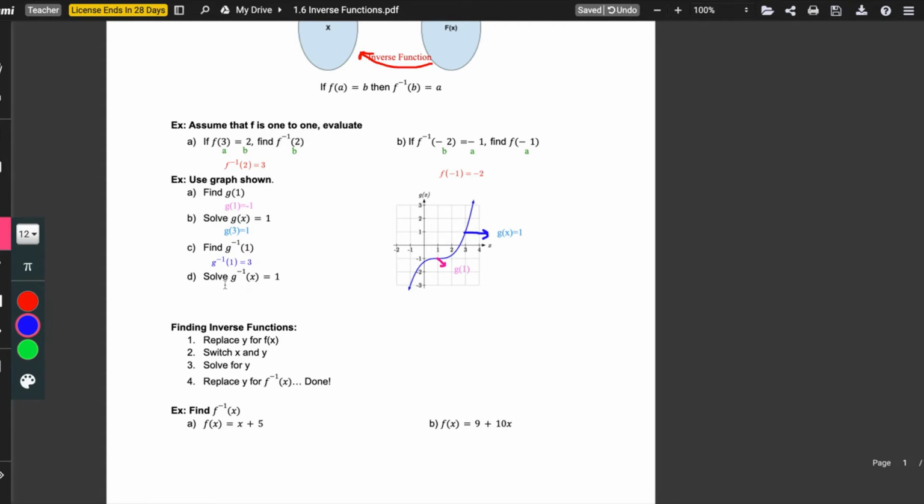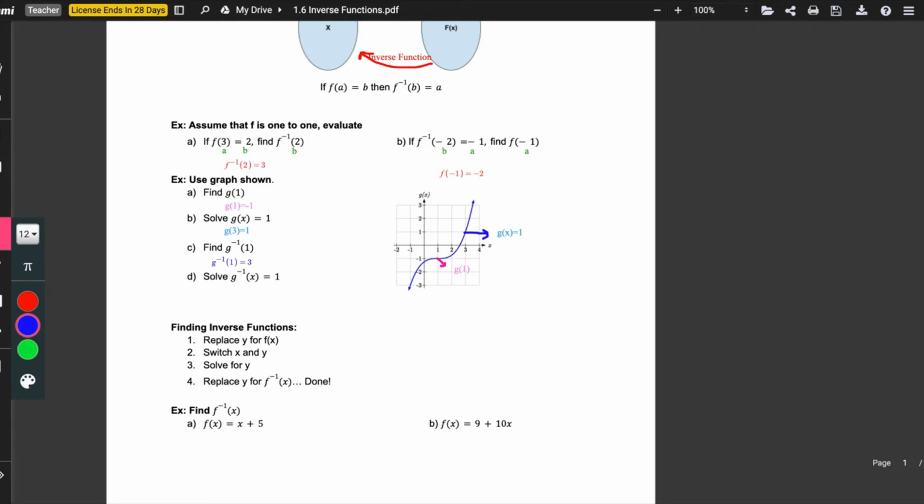So now we're going to solve for g inverse of x, and we're looking for when I evaluate the inverse of x, the output is 1. So remember, again, this is all backwards because it's the inverse function. In the inverse function, the output's actually the input, right? So now we're looking when the input was 1. Well, when we found the input was 1, that was in the first equation in A, when we had g of 1 was negative 1.